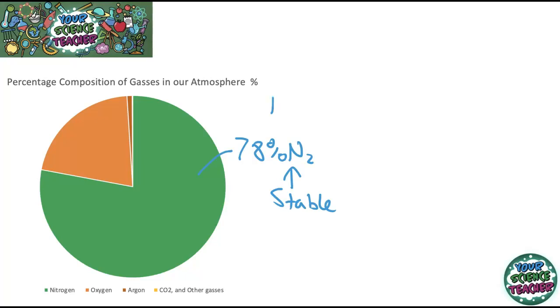This is because nitrogen is triple bonded. If you understand structure and bonding, each nitrogen atom puts 3 electrons into the bond, and this makes it incredibly hard to break.